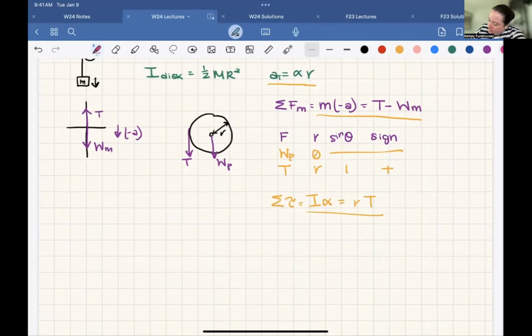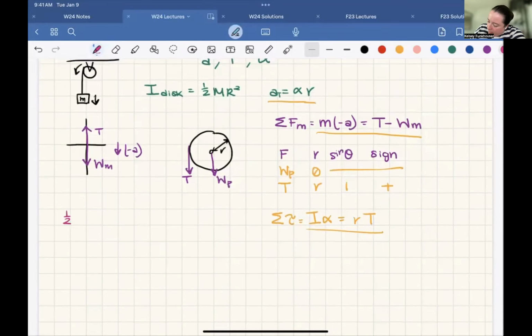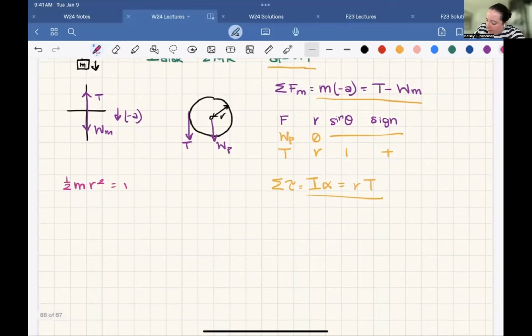I'm going to leave out the sum of part. Actually, I'm going to plug in for the rotational inertia, 1/2 mr squared, equals RT. We can divide r from both sides and simplify things slightly.